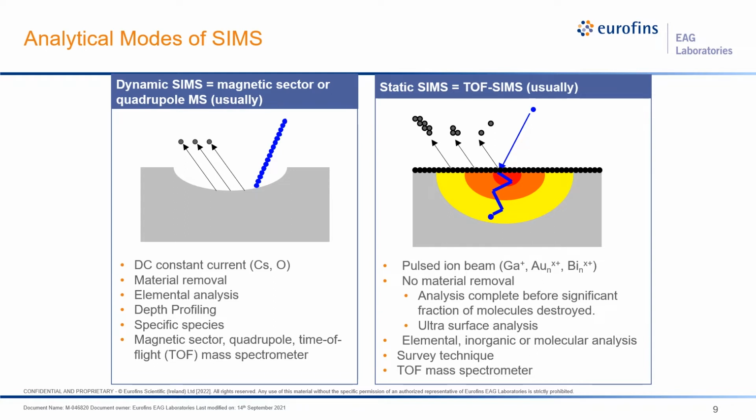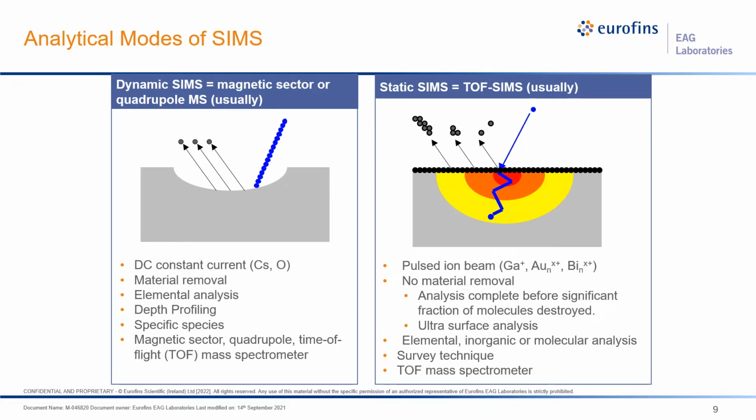Static SIMS, on the other hand, is a pulsed beam. So you send a pulsed ion that ejects species from the surface. It contains elemental and molecular information, and it only gives you information of the top few monolayers. So this is the difference between the static SIMS and the dynamic SIMS.